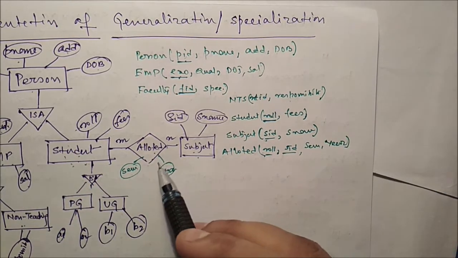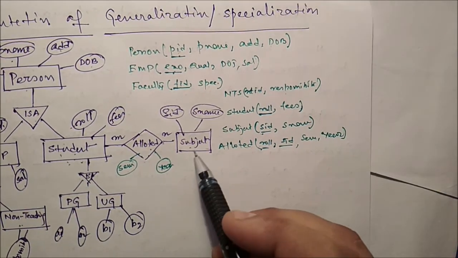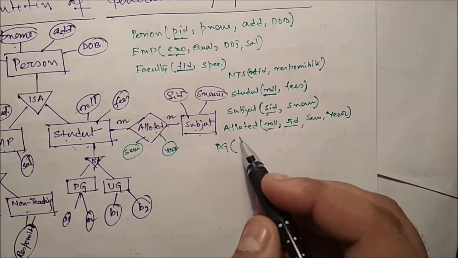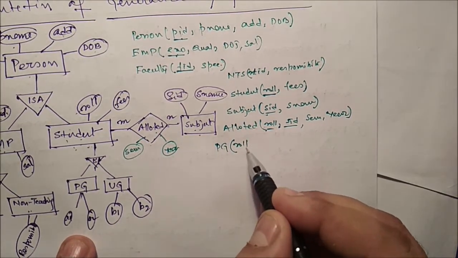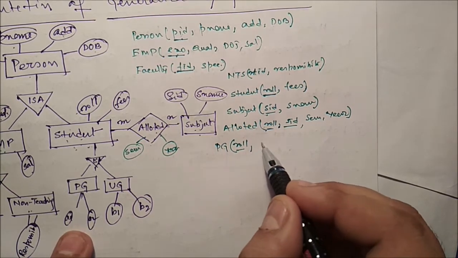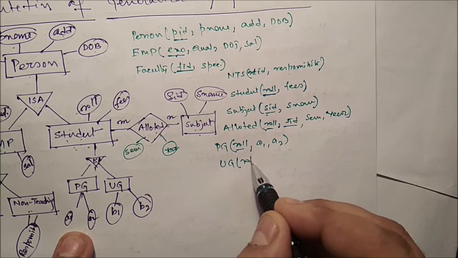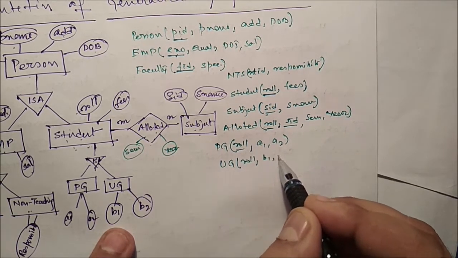These are the attributes of this particular relationship set. So next is PG and UG. For PG student, assume roll number is the primary key and a few attributes are there, say A1 and A2. And for UG student, roll number is there, and a few attributes, say B1 and B2.